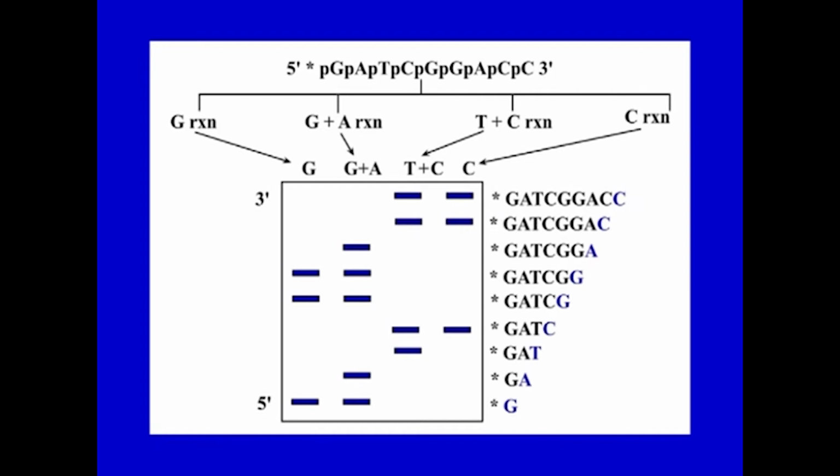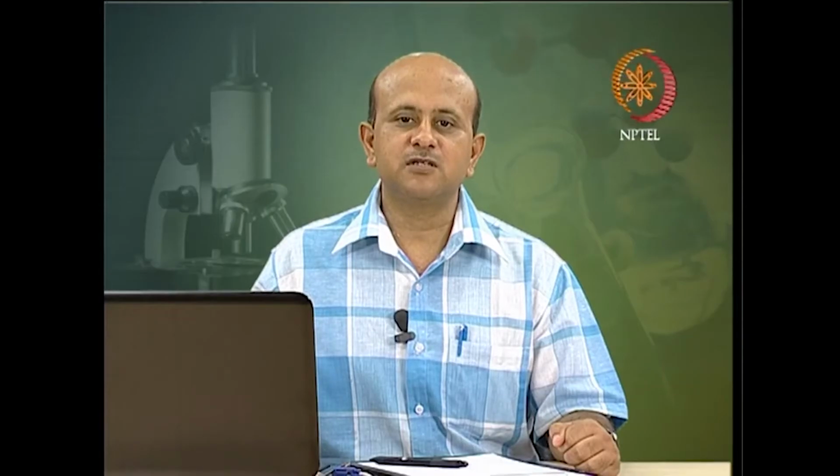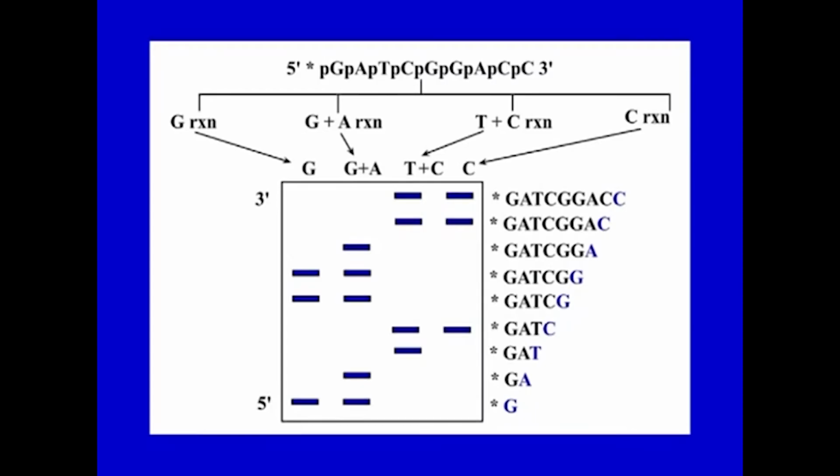Now, remember when the cleavage will occur at 5 prime side of this G here, earlier we have taken the sequence which was a little bit different, it was TGT, but just to understand that if it is like here, then there will be only labeled P actually and no base. So, that is sometimes difficult to see in here. That way the whole sequence can be generated except for the first base actually.